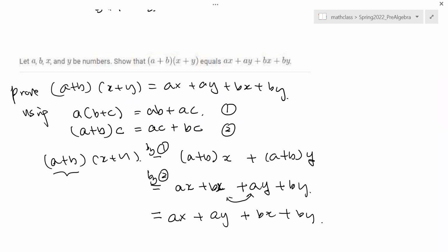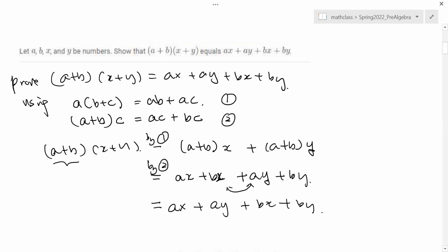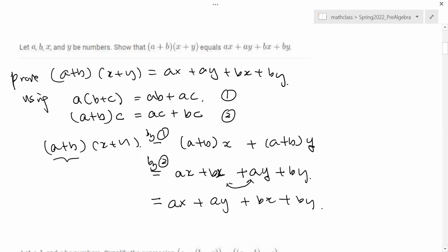But you don't need to repeatedly prove them, you just use them. But in your mind, you should be clear which rule you're using. And so that's how we prove this statement.